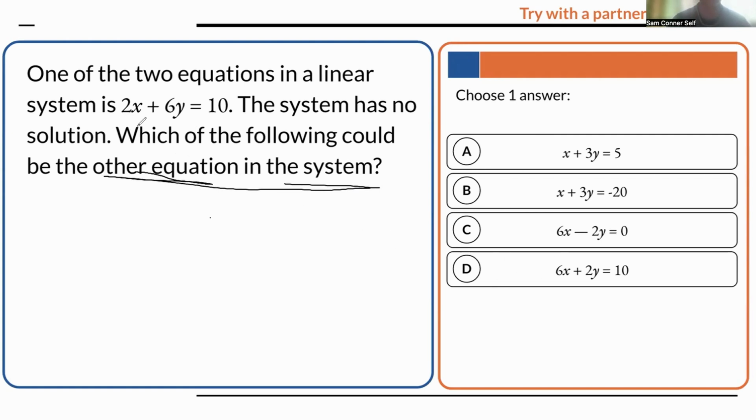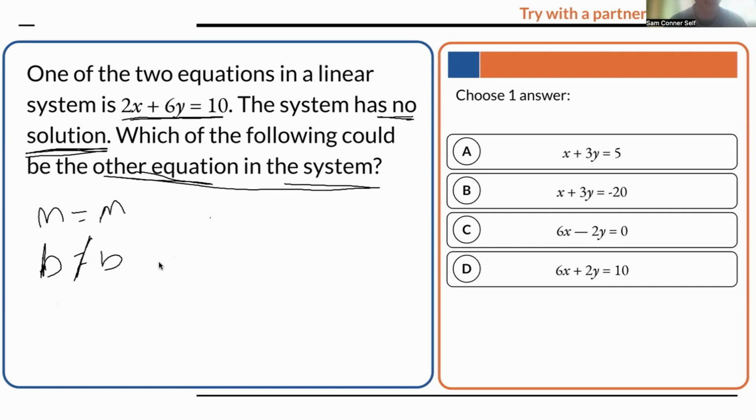But then they also give us some important information. They give us the first equation, and they also tell us that this system has no solution. So if they tell you that it has no solution, your first thought should be that the slope of whatever the second equation is has to be the same as this first equation that they give us, and then the y-intercept has to be different.